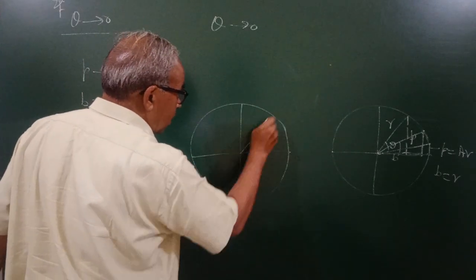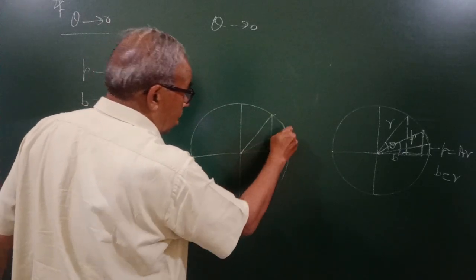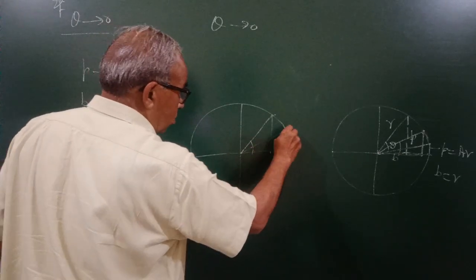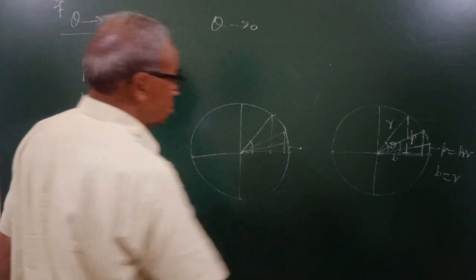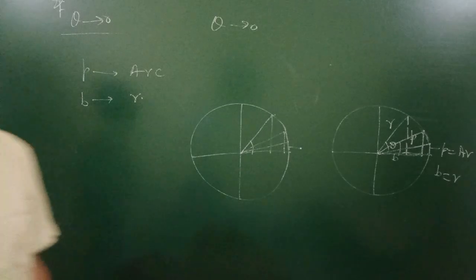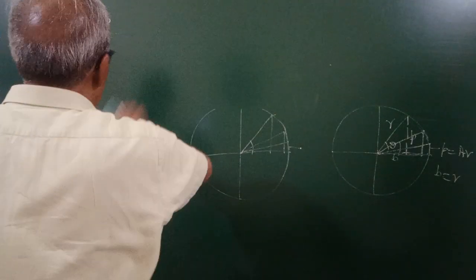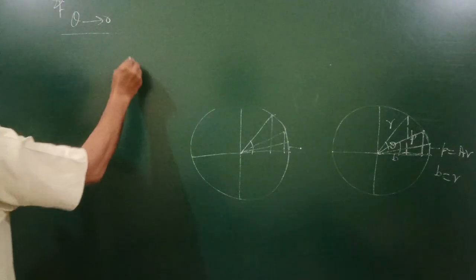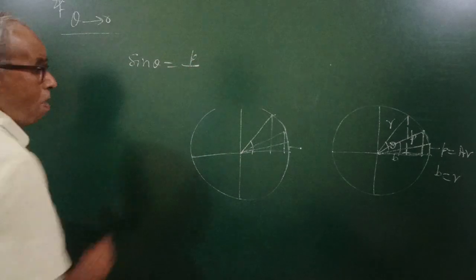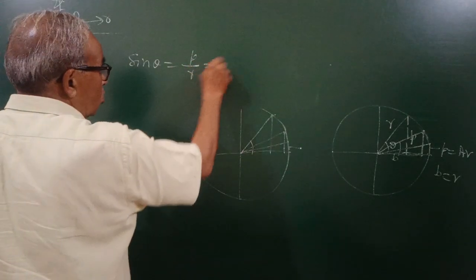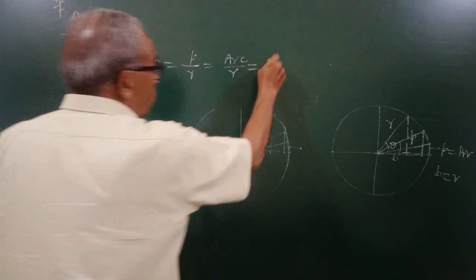Initially this was the angle here. It was perpendicular. When I decrease the angle theta, the perpendicular decreases and finally becomes the arc and the base becomes the radius. So when theta tends to 0, sin theta is equal to perpendicular upon radius, or equal to arc upon radius, which is equal to theta.